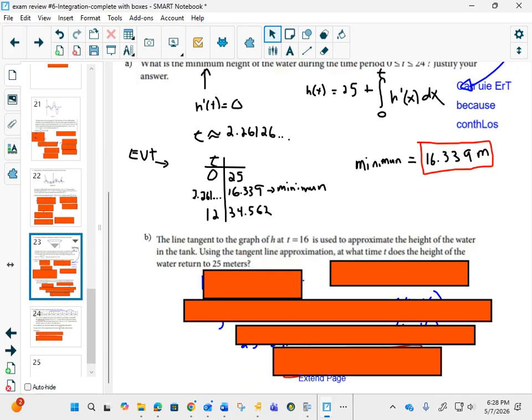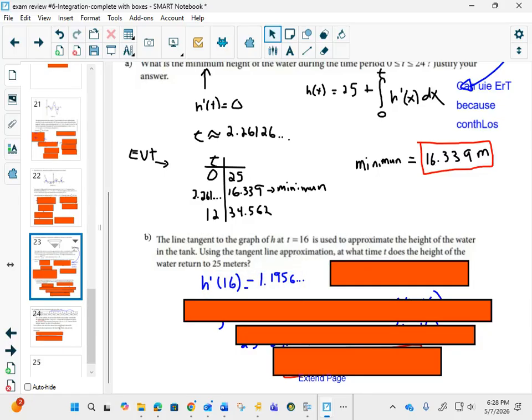A line tangent to the graph at t equals 16 is used to approximate, so linear approximation seems to be coming here. Use the tangent line approximation. At what time does the height return to 25 meters? So what do we need to have our tangent line? Point and slope.